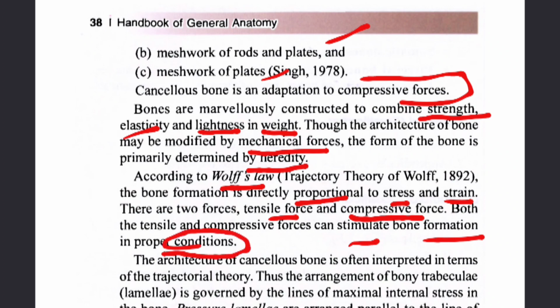The architecture of cancellous bone is often interpreted in terms of the trajectorial theory. Thus, the arrangement of bony trabeculae, the lamellae, what we studied, I have told you there are three types: the arrangement of rods, plate-like structures, and both rods and plates. They say this arrangement is governed by the lines of maximal internal stress in the bone.